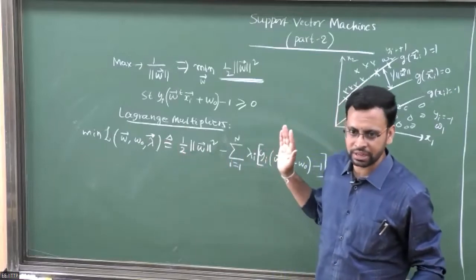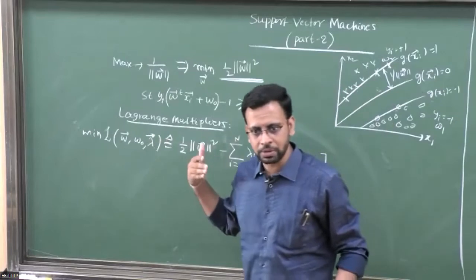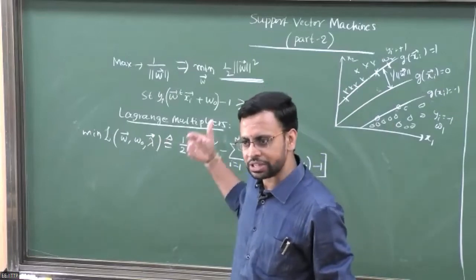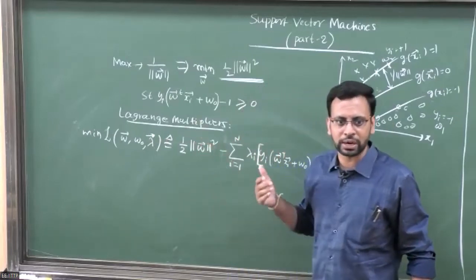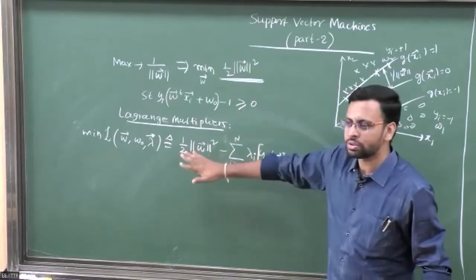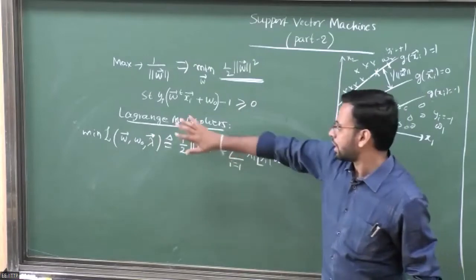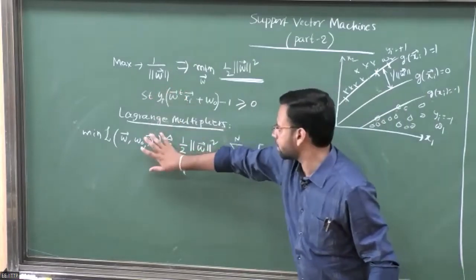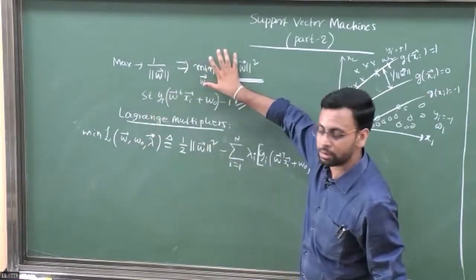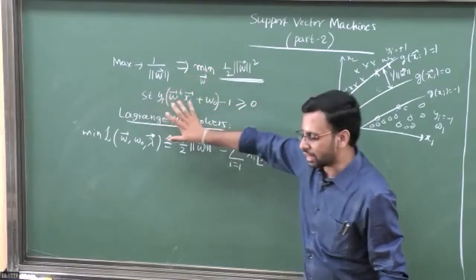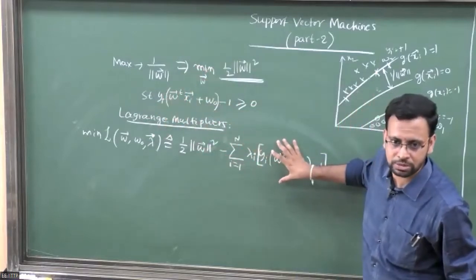This is a very, very common step again, irrespective of the other problems that you may encounter where you are applying Lagrange multipliers, you would use a very, very similar strategy. So these steps have to be clear. This is my original minimization problem. My inequality, I converted into an equivalent form.